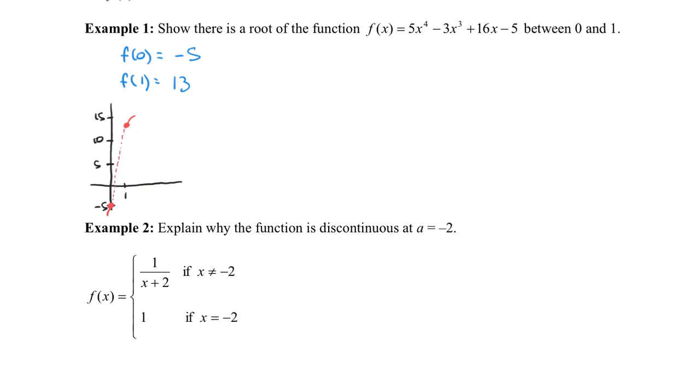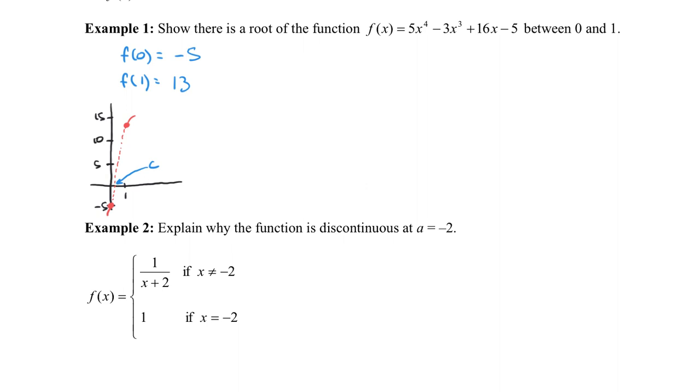There is some point c here where this function crosses the x-axis, because it's negative 5 at 0, it's 13 at 1, and it's continuous, so these have to connect. It's also a function, so it can't wave around here. It's a polynomial, a function continuous everywhere. So we know there's some point c where this connects.